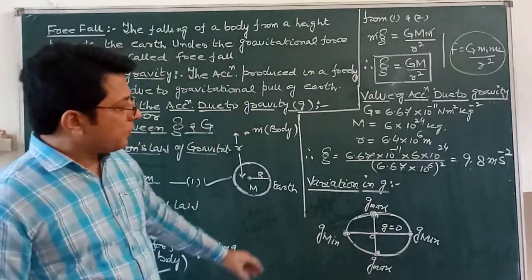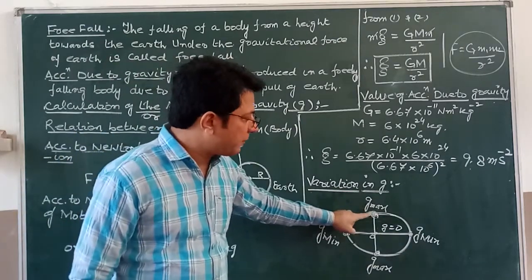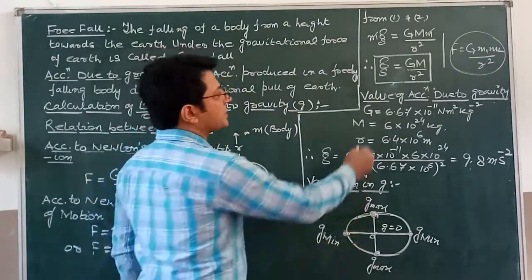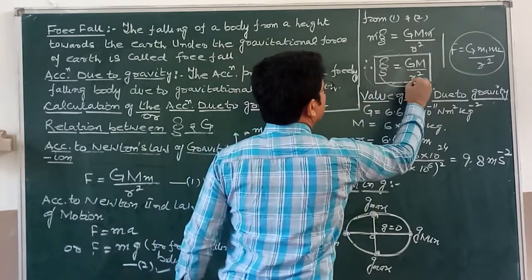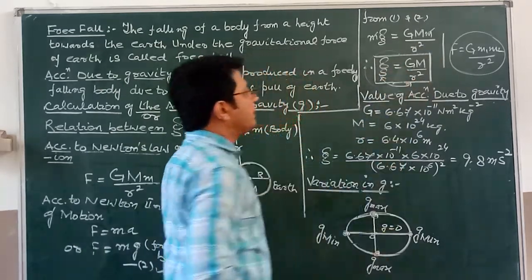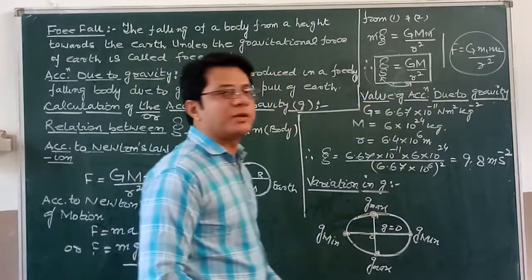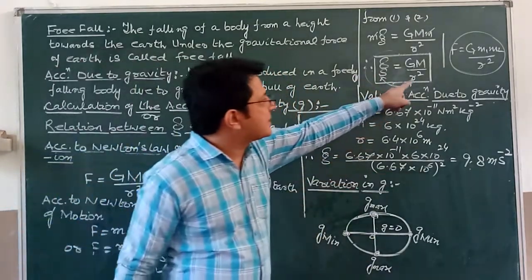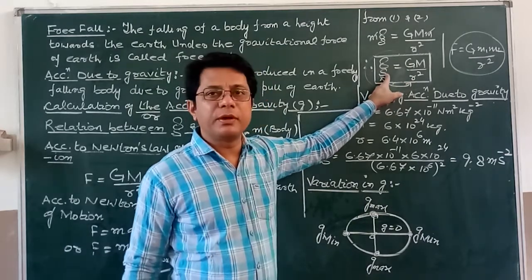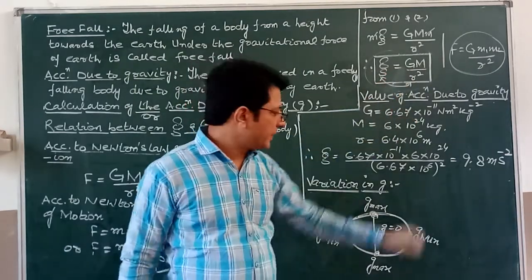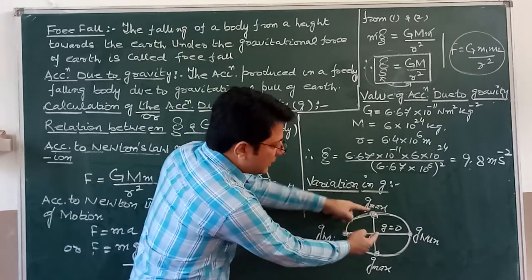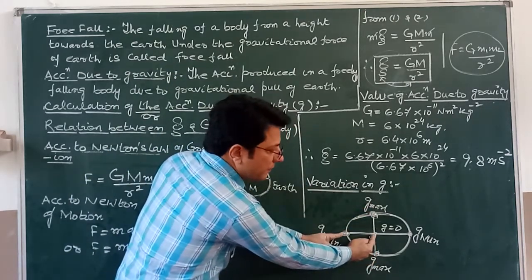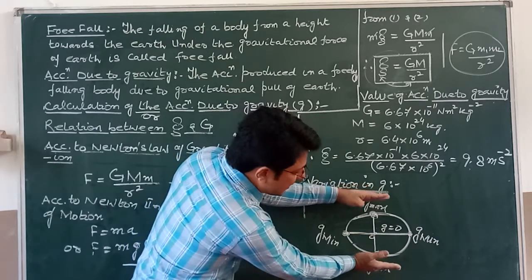Now the question arises, why is the value of g maximum near the poles? Look at this. This is a very, very important relationship. The relationship between small g and distance is inversely proportional. If distance is less, acceleration due to gravity will be more, and vice versa. Here, this distance is smaller than that distance, because the Earth is flattened here.